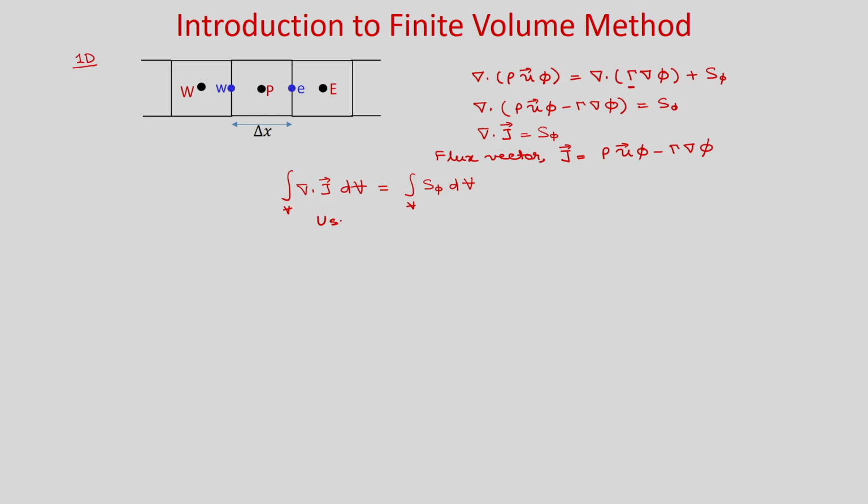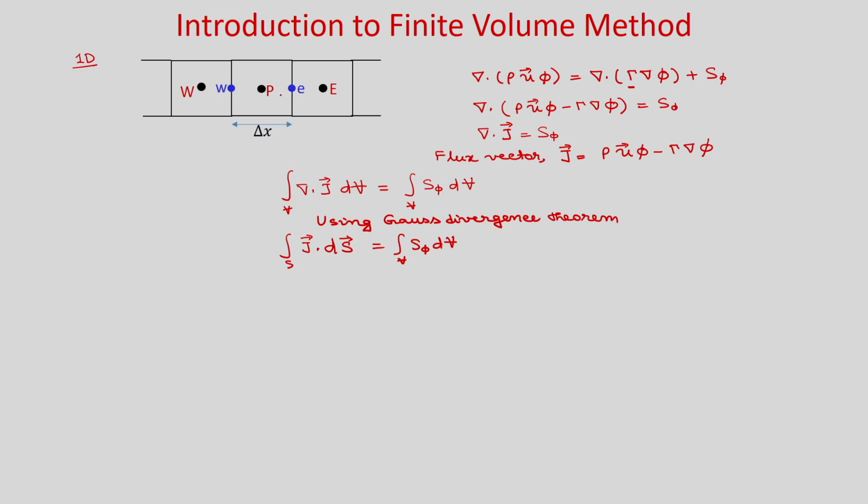So, using the Gauss divergence theorem, we will convert this volume integral to a surface integral: J dot dS is equal to the volume integral of S phi dV. So, you can see this J dot dS is now a surface integral.